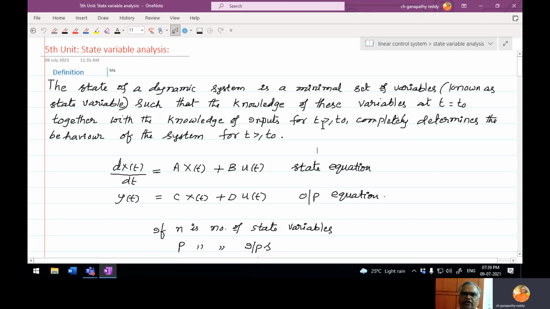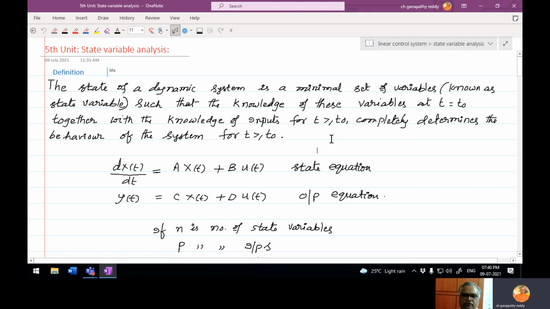So the input for t greater than or equal to t naught we should know, and the present state of the state variables at t equal to t naught we should know. Then we can determine the behavior of the system in future. This is the definition of state variable.